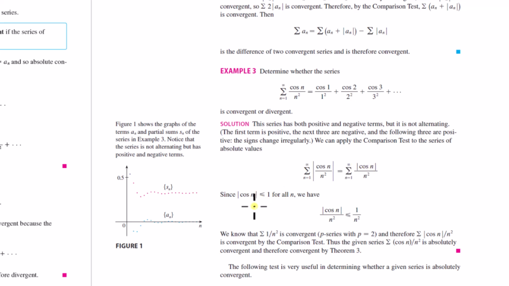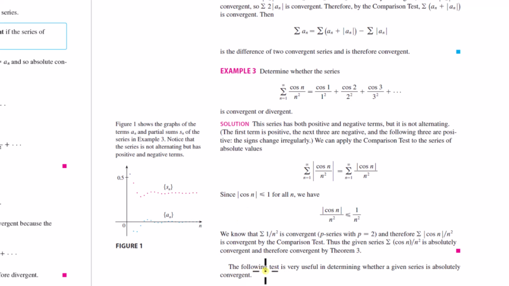In this case, they do a comparison test compared with this p series. This is always greater than or equal to the absolute value of cosine n over n squared. We know this is convergent, so that means this series is convergent, but this means that the original series is absolutely convergent, which means that series is convergent. So that means this series is convergent.